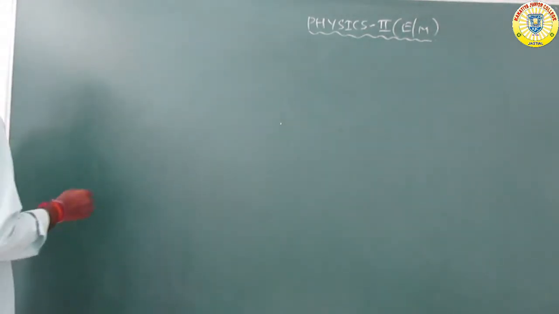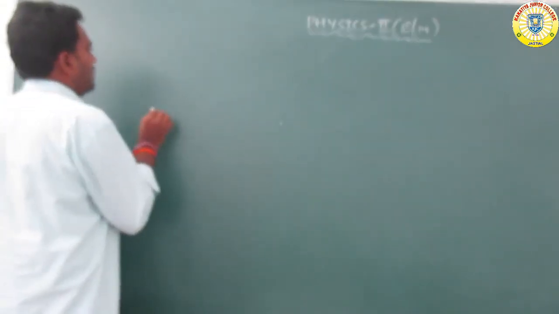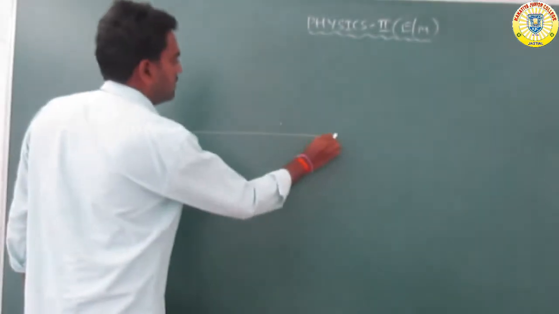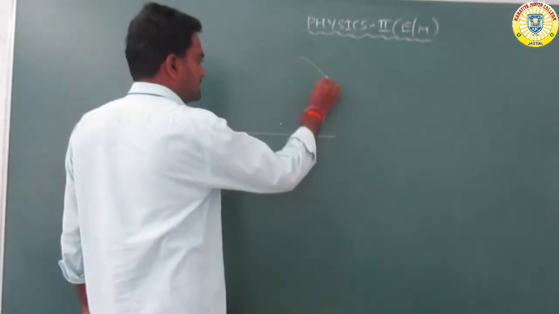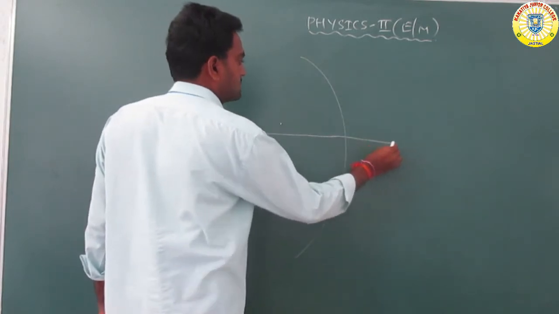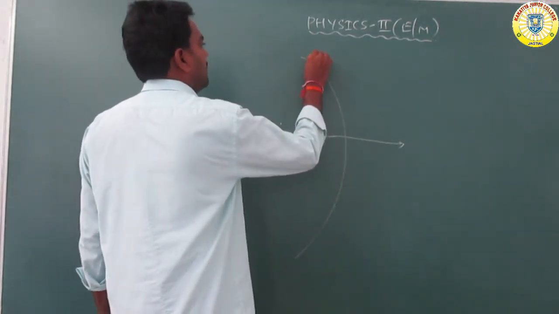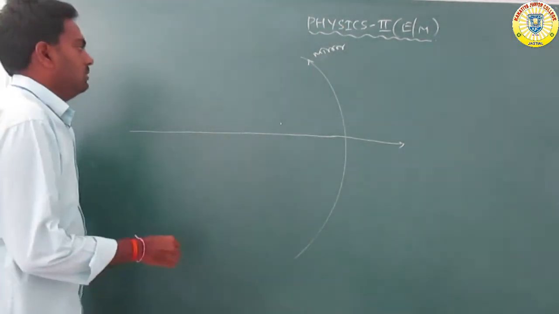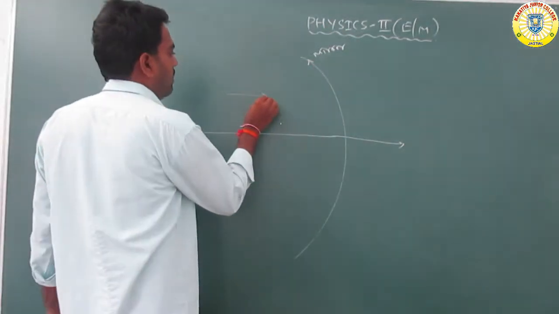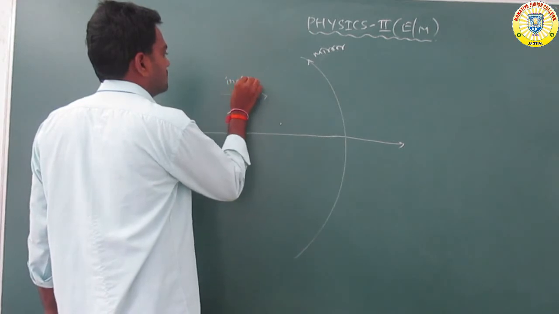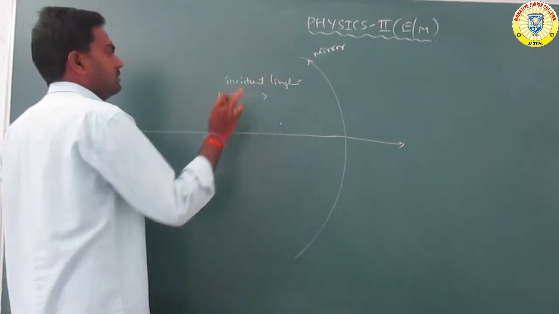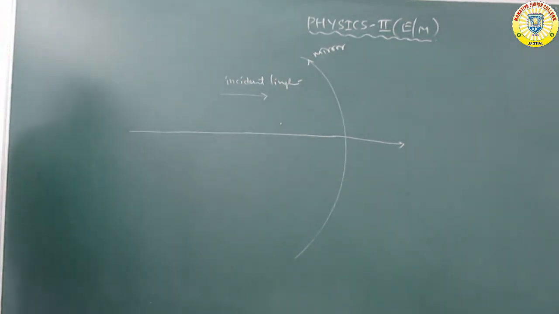Now here the Cartesian sign convention is taken for a lens or a mirror. The incident light is taken along the principal axis.